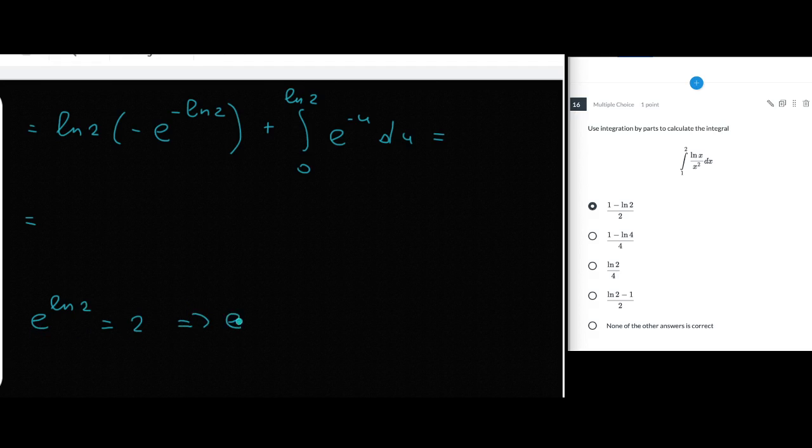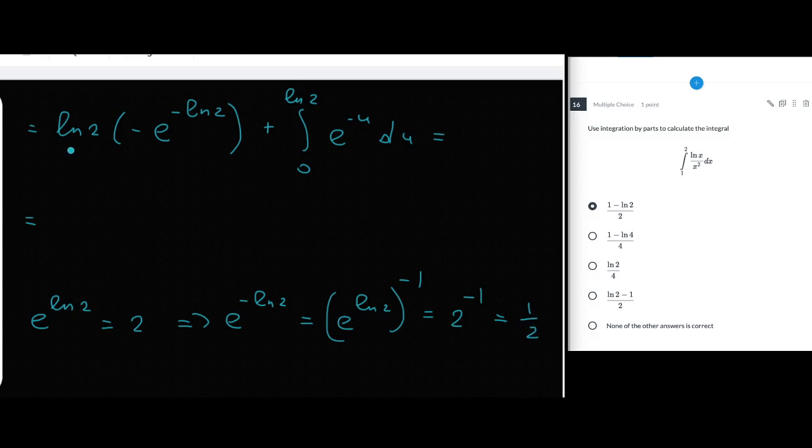And therefore, e to the power negative ln of 2, I can think of this as e to the power ln of 2 raised to the power negative 1. Remember, when you raise a power into another power, the two exponents get multiplied, and so we get 2 to the power negative 1, which is 1/2.